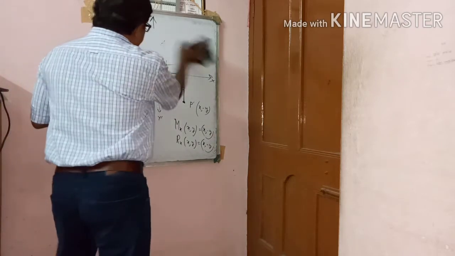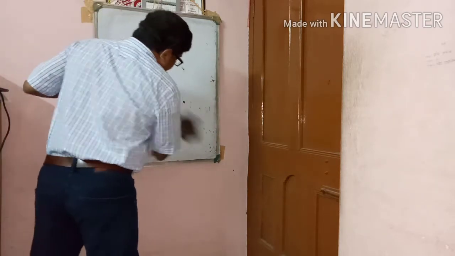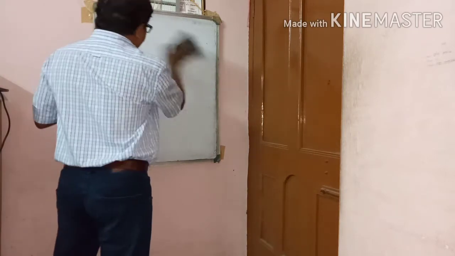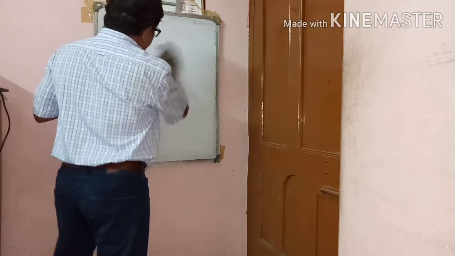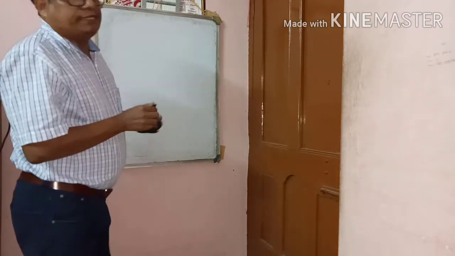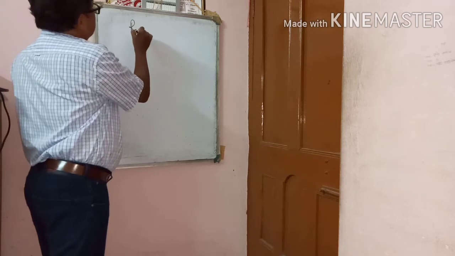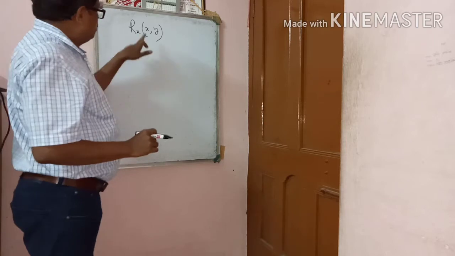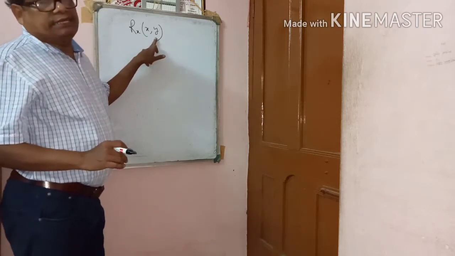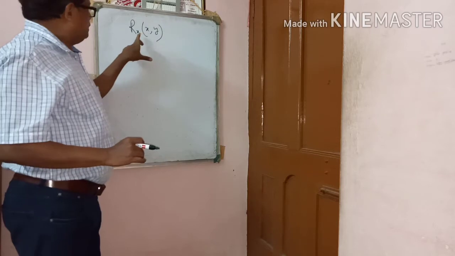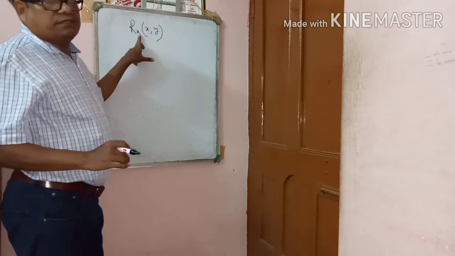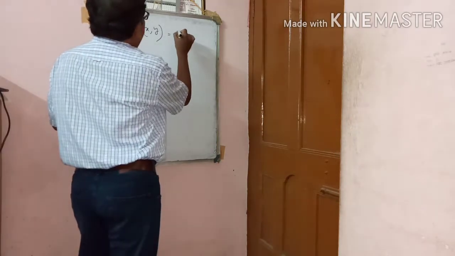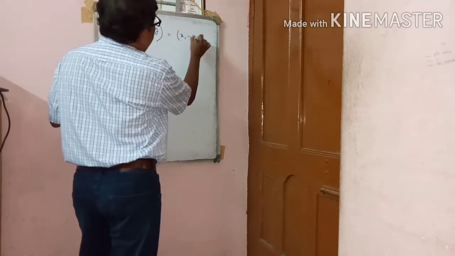I am writing here Rx of x, y, that is reflection of a point P, suppose x, y, in the x-axis, so the new coordinates will be x, minus y.